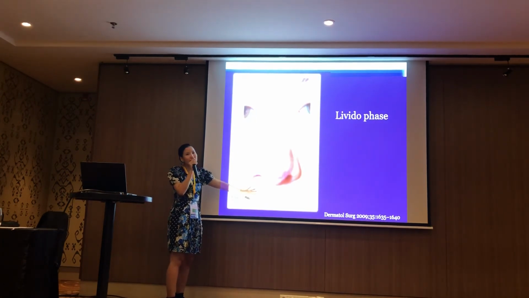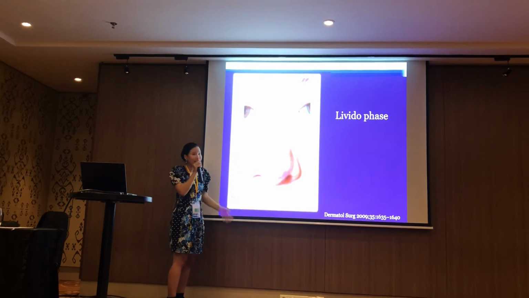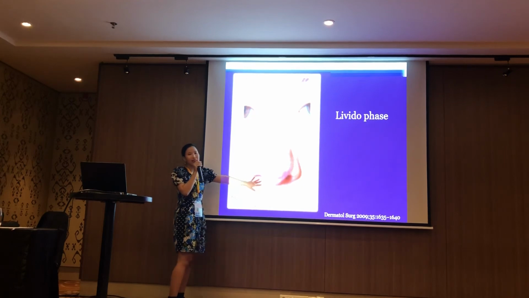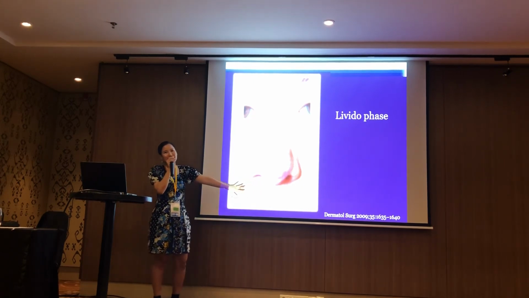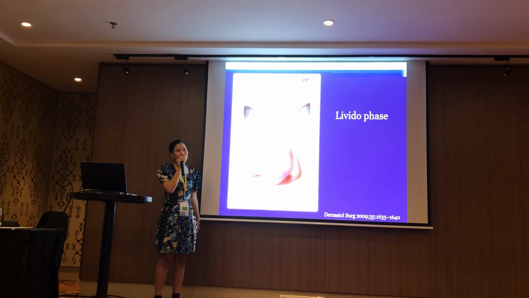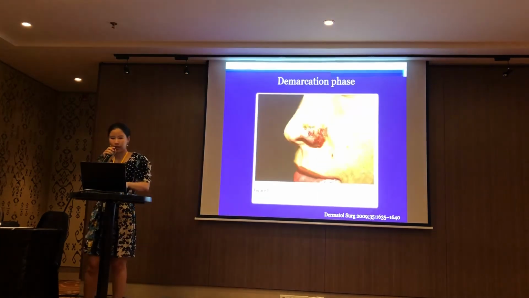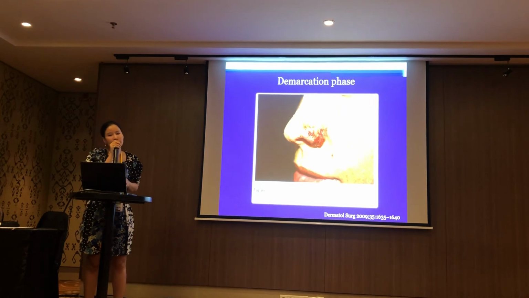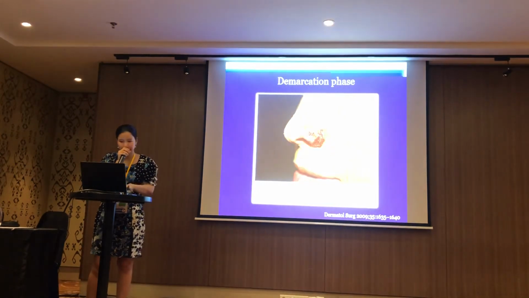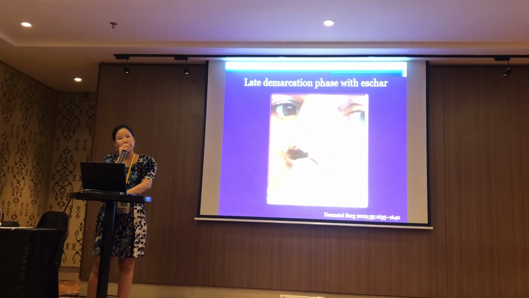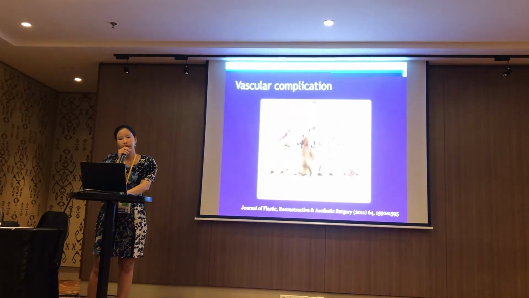We can see this pattern in someone who has a disease, but if someone has an aesthetic procedure and has this problem, it's nearly a definite diagnosis of vascular complication. And this is the demarcation phase, and these are the progressions of the vascular complications.